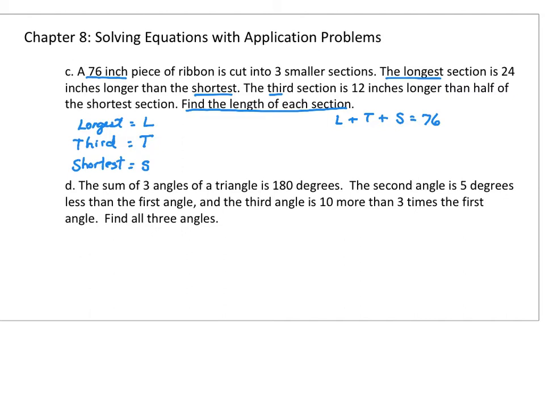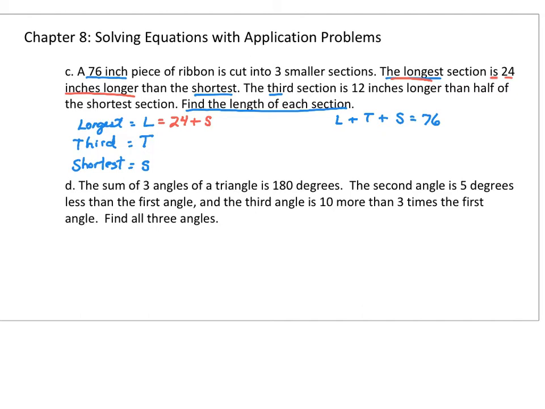So the longest section is, there's our equal sign, 24 inches longer. So the longest section is 24 inches longer than the shortest section. Okay, well, I'm going to use S for the shortest section. Make sure you make a nice S so it doesn't look like a 5.